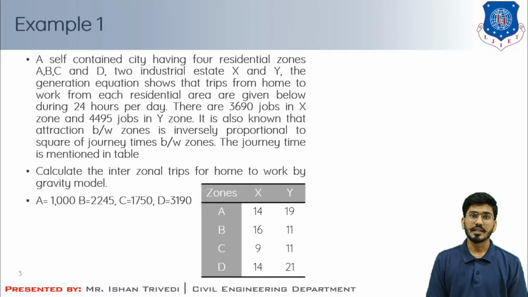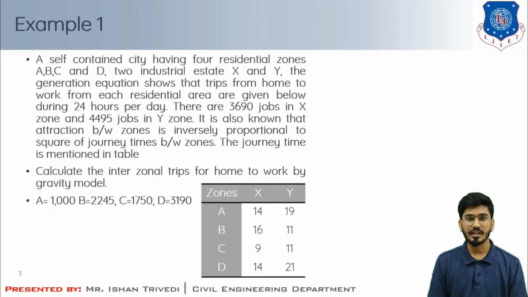There are 3690 jobs in zone X and 4495 jobs in zone Y. It is also known that the attraction between the zones is inversely proportional to the square of journey times between the zones. Here the journey time is mentioned in this table.